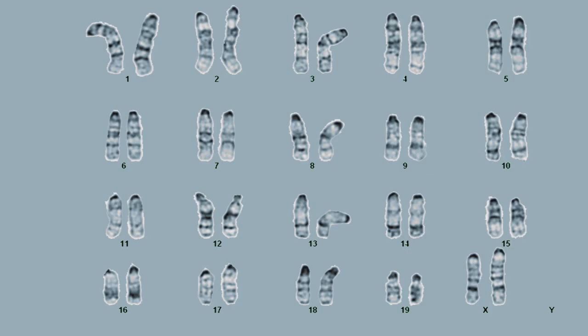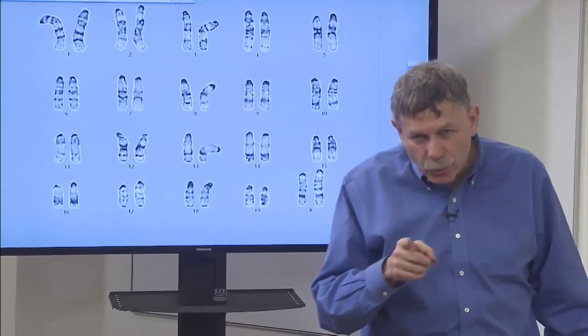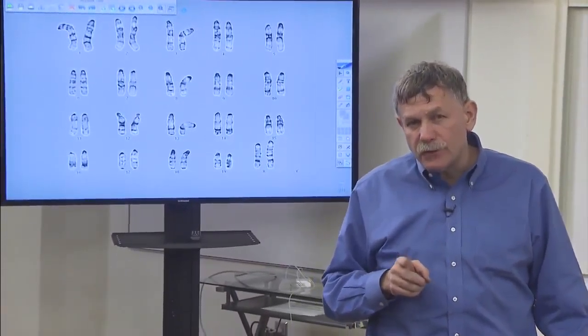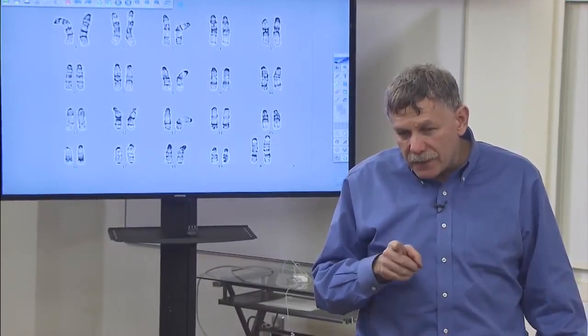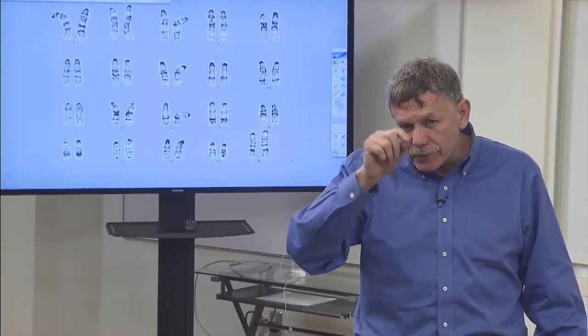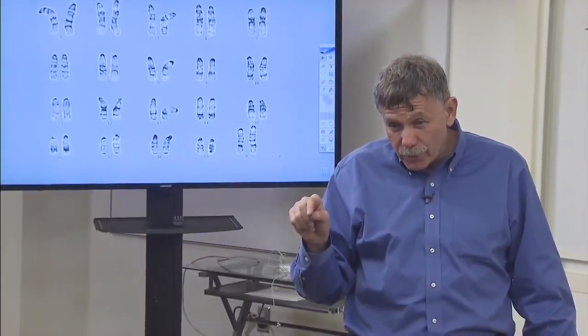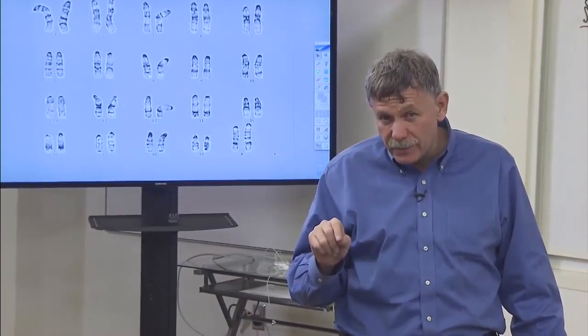Maybe that same trick could be used not with black body and vestigial wings and antennapedia, but maybe it could be used for genes in human families. And maybe by mapping the inheritance of human diseases relative to other markers, we could build maps that tell us where are the genes that cause disease.